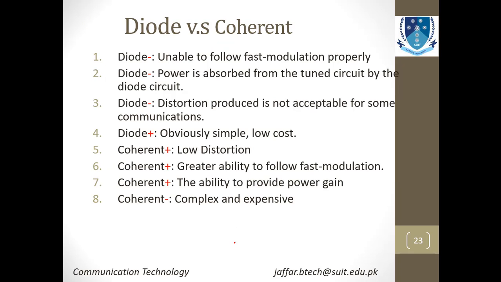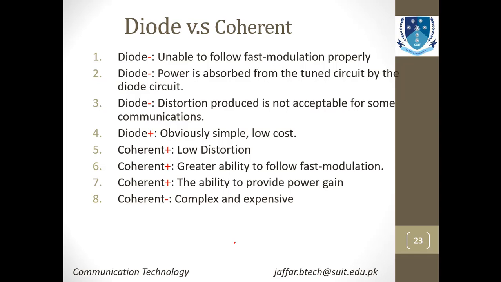So what is the difference between the diode detection and the coherent detection? There are small differences between the two. The diode demodulator is basically unable to follow the fast modulation properly, whereas the coherent demodulator provides much better demodulation efficiency. Similarly, in the diode detector, power is absorbed from the tuned circuit by the diode circuit, and the distortion produced is not acceptable for some communications.